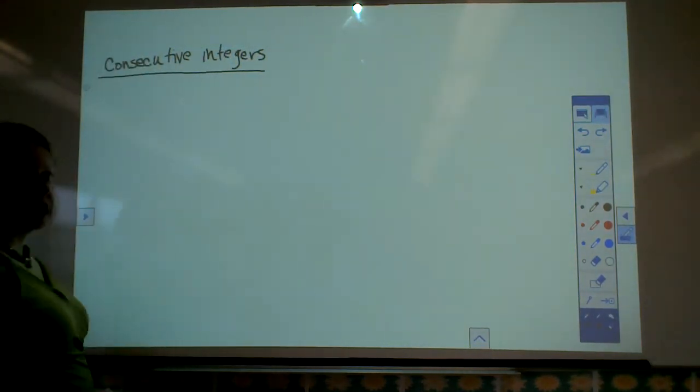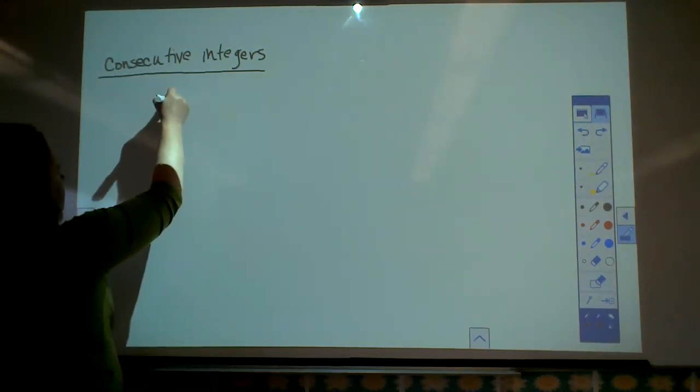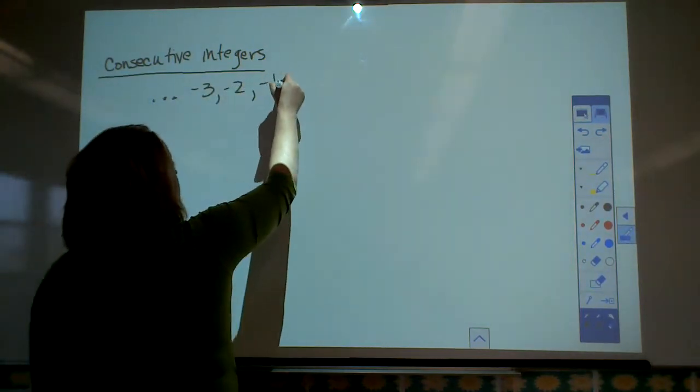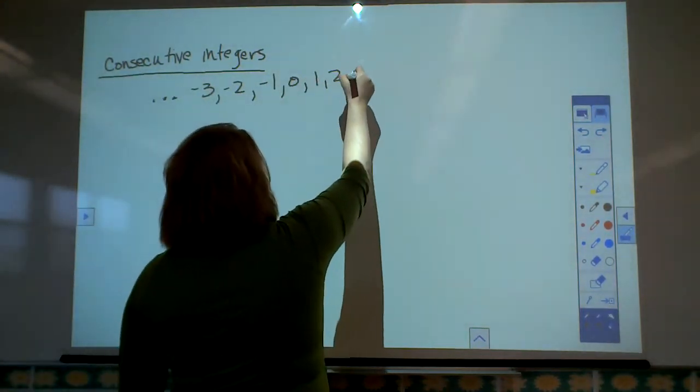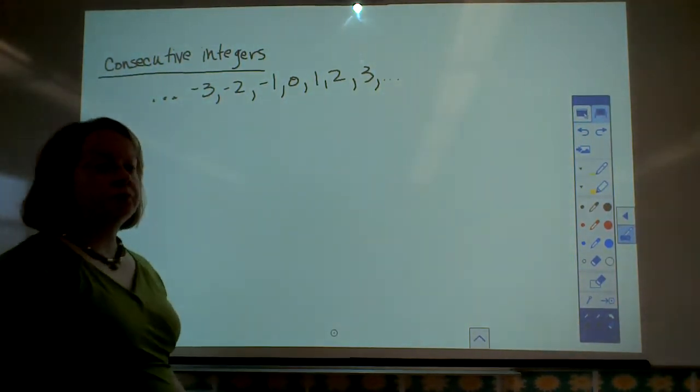And so if we're just looking at a number line, consecutive integers would be like -3, -2, -1, 0, 1, 2, and 3. And they go on and on and on forever.